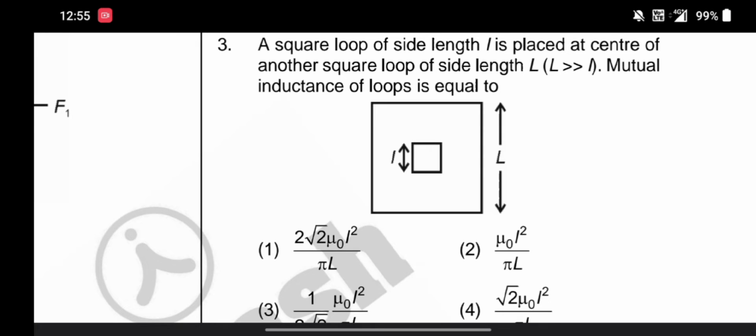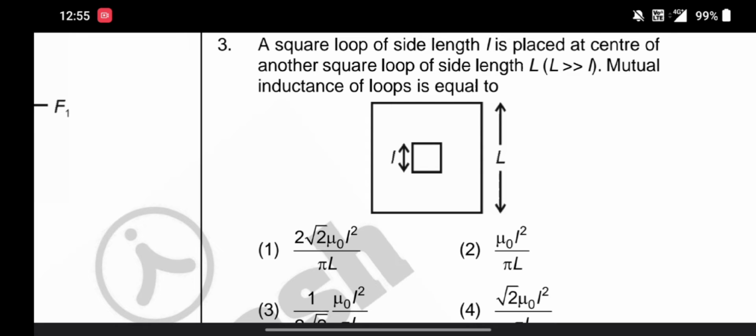Here they have asked: a square loop of side length small l is placed at the center of another square loop of side length capital L. What is the mutual inductance of the loop? Which formula are we getting?